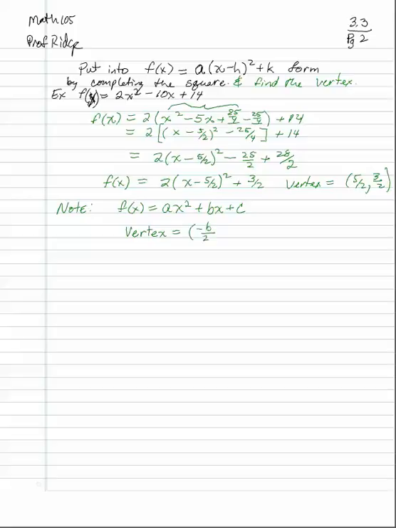It turns out the x coordinate, or the h coordinate if it's in the other form, is minus b over 2a. For the y coordinate, the easiest way is to take your x value, minus b over 2a, and plug it back into the function to see what the y value is.